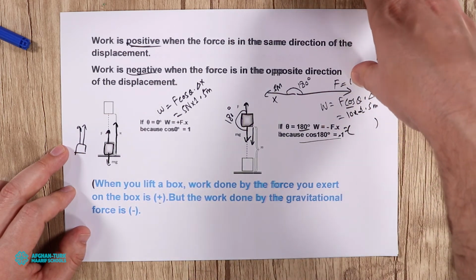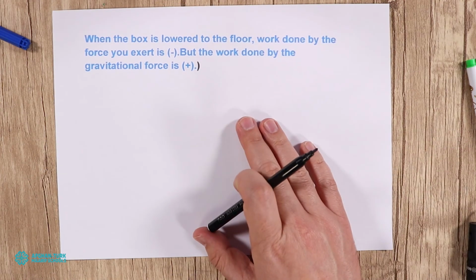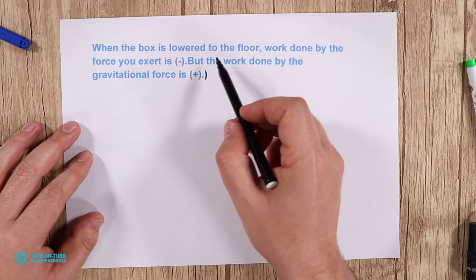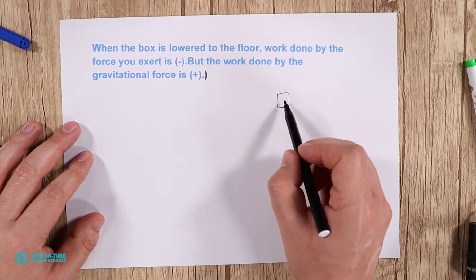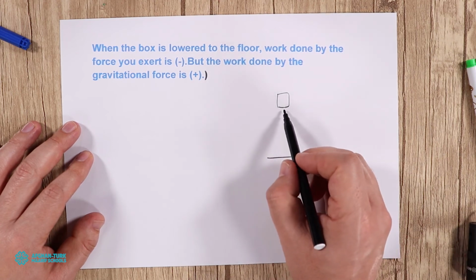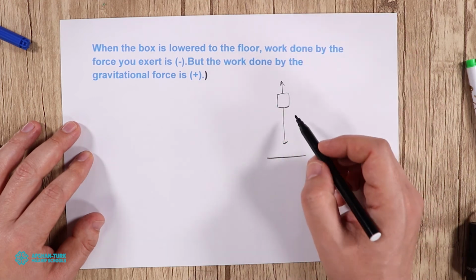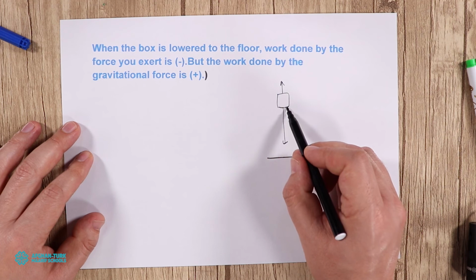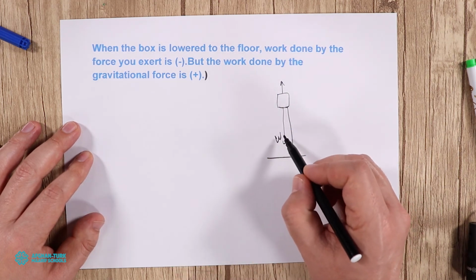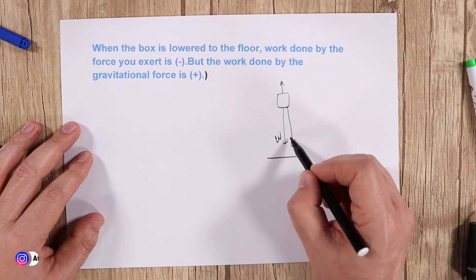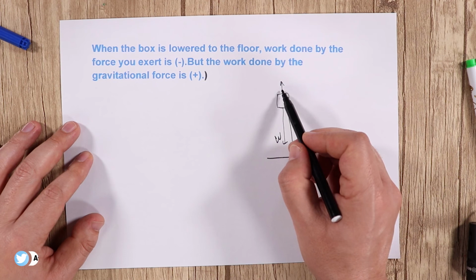Look at the other line on this page: work done when the box is lowered to the floor. The object is on top and moves downward, but the applied force is in the opposite direction.